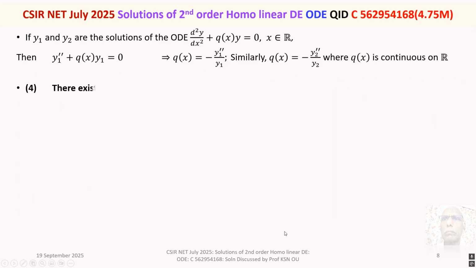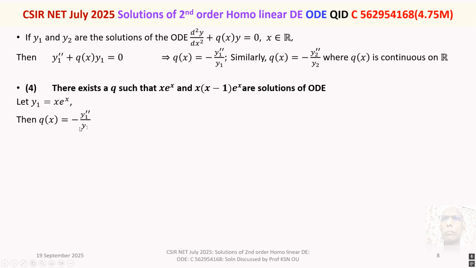Right. We go to option 4. There exists a q such that x e power x and x into x minus 1 into e power x are solutions of the ODE. Let y1 be equal to x e power x. Then we compute q of x is equal to minus y1 double prime by y1, and that is equal to minus the numerator e to the power of x into x plus 2 by x e power x.